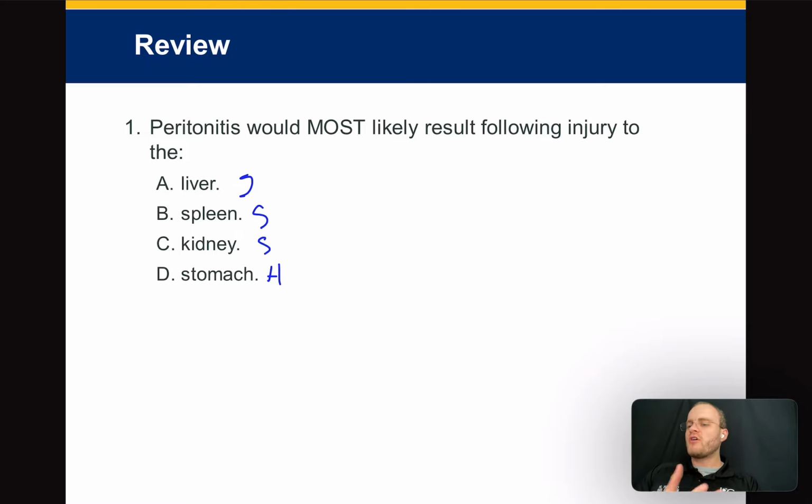Sometimes when I don't know where to go on a test question, I'll try to find a pattern, like, okay, something's out of whack here. And I know the stomach also contains hydrochloric acid, which is a very potent acid that digests food. And I'm thinking acid on anything would hurt. So I'm going to think that it's D, stomach. And it is. Okay, it is D, stomach.